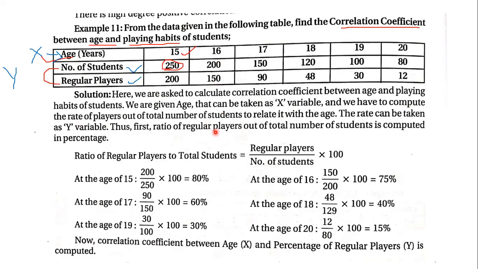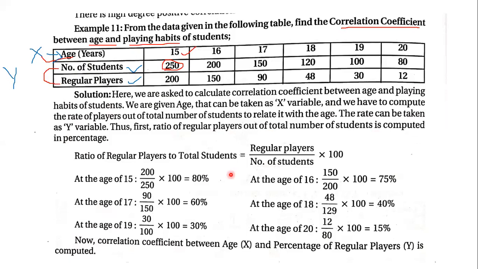So we will only take the data of how many percentage or what is the ratio of people who play. Then the rate can be taken as y variable. Once we use this and solve, those values can be taken as y variable. So you have to find the ratio of regular players out of total number of students, computed in percentage.